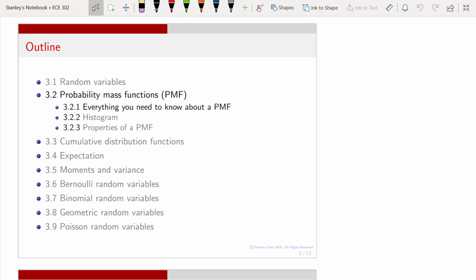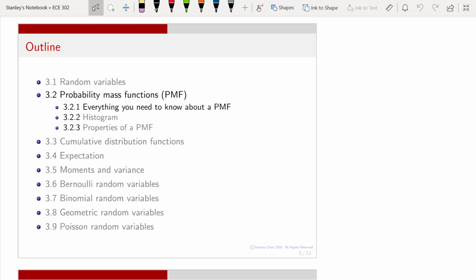If you recall our discussion of the previous section on random variables, we ran through some of the most basic definitions of random variables. We also learned why we need random variables. Today's lecture is going to discuss one extremely useful characterization of random variables, which are the probability mass functions.